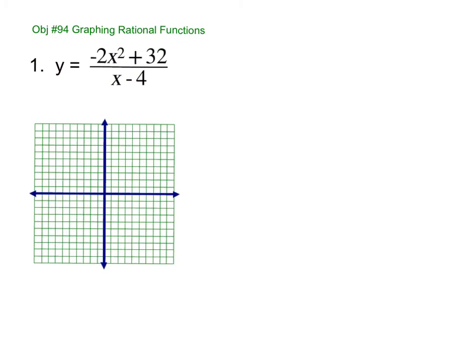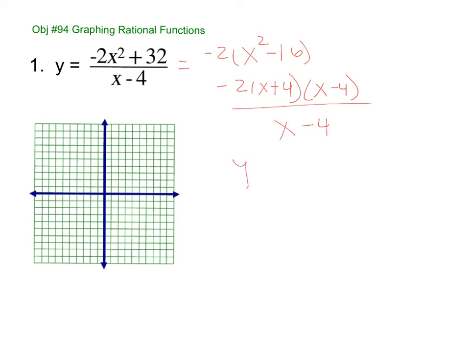All right, we're only going to do 3 problems today. Start by factoring. I can factor that negative 2 out, and I'm left with x squared minus 16. So that's x plus 4, x minus 4, all over x minus 4. So y equals negative 2 times x plus 4, so negative 2x minus 8.